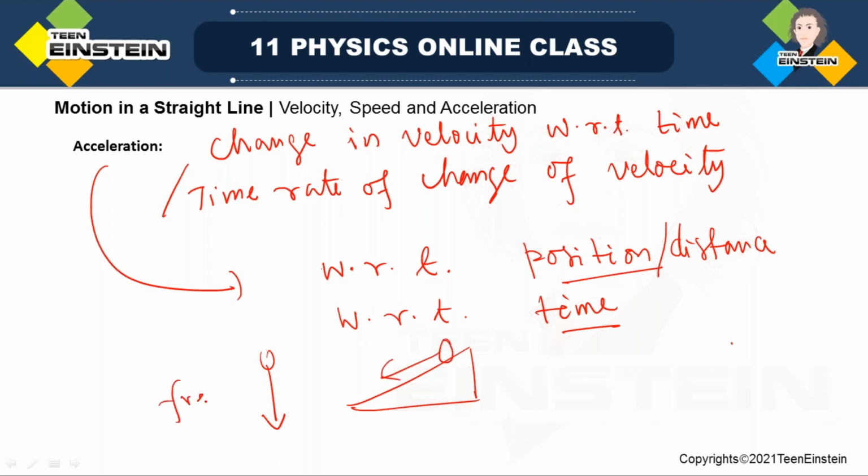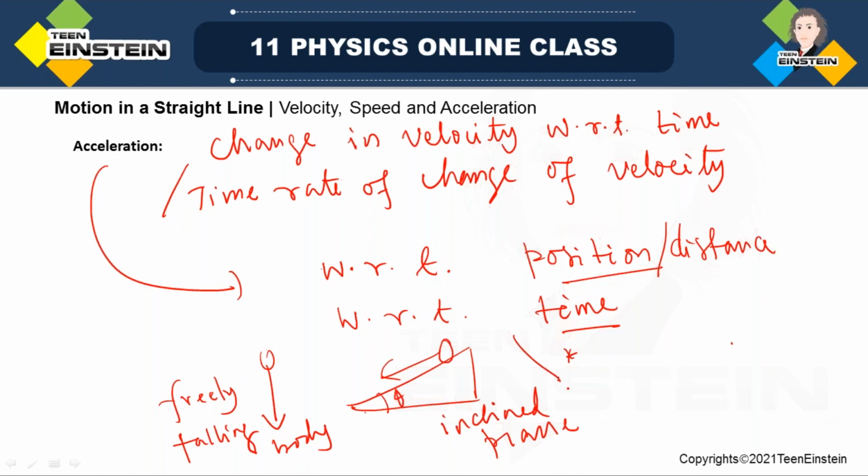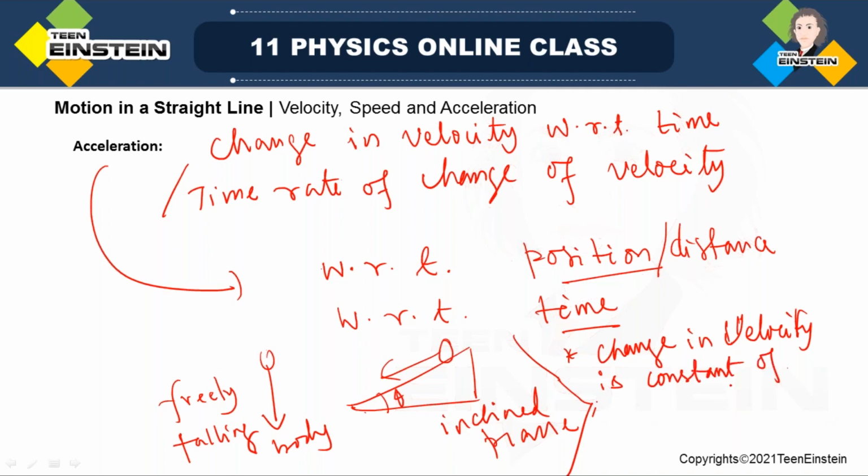So doing these two experiments, a freely falling body in a straight line and an inclined plane, with theta inclination, he could conclude that the change in velocity is constant with time.